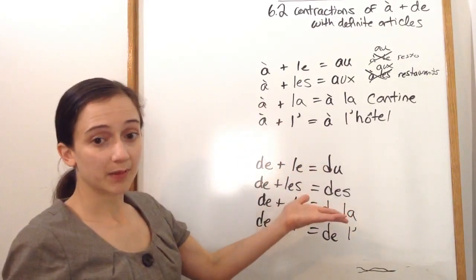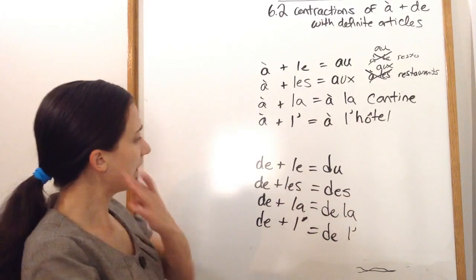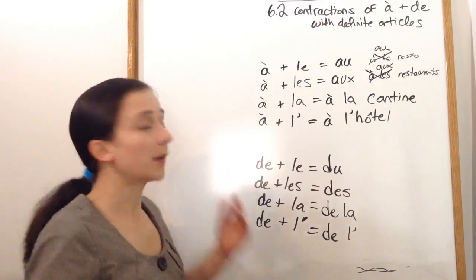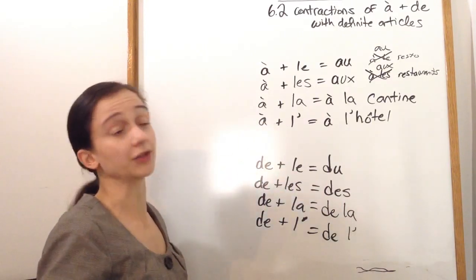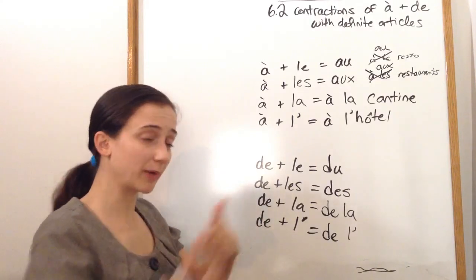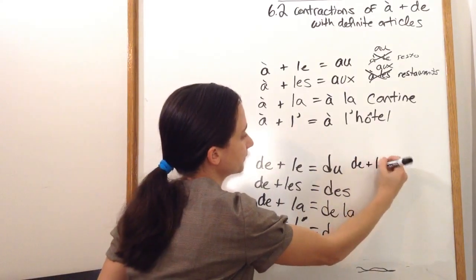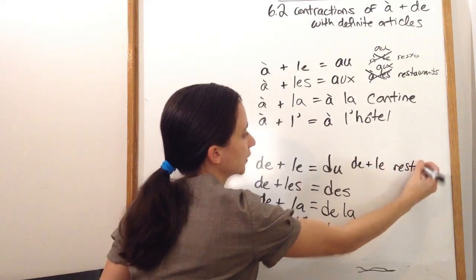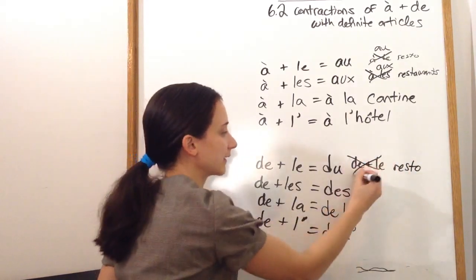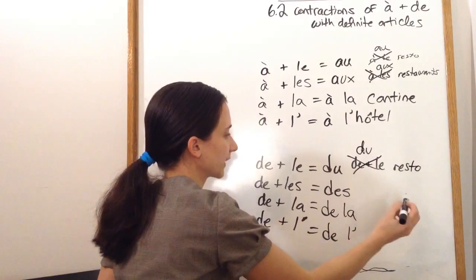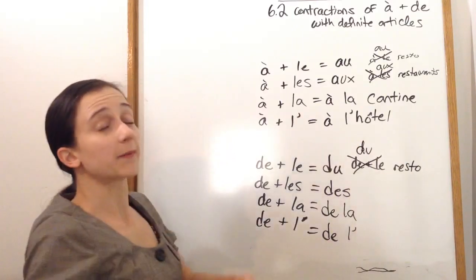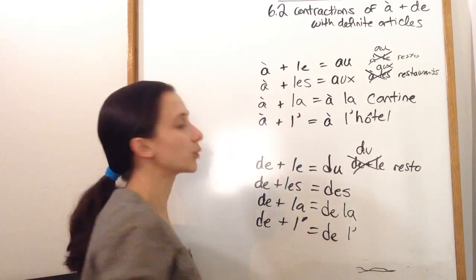So let's keep this going here. I am coming from the restaurant. So I'm at the restaurant now, but I'm coming home. I'm coming from the restaurant. De le resto, we can't say that. Du resto. I'm coming from the stores. Like I'm leaving from the stores now.